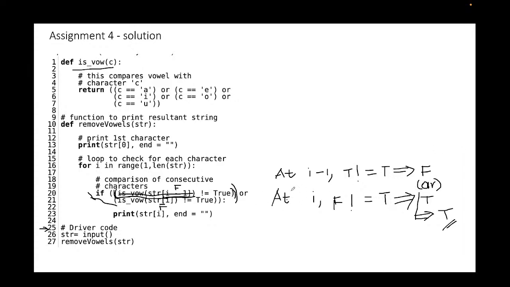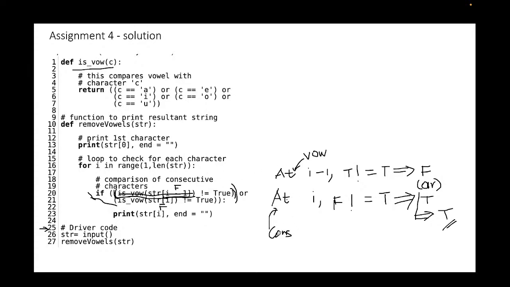So what did I say? At i minus 1 a vowel, at i a consonant. If this pair is found, effectively we are getting true. So if true, print this consonant. That's all this code is doing.